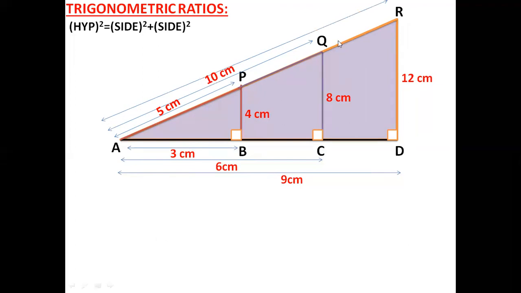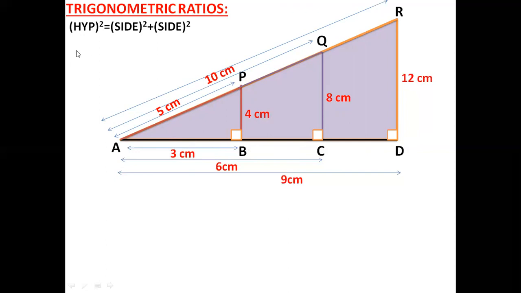Here AR is called the hypotenuse. Now you have to find this hypotenuse length by using the Pythagoras rule. Square of hypotenuse is equal to sum of squares of remaining two sides. Here, what is the hypotenuse in this right angle triangle ADR? AR.